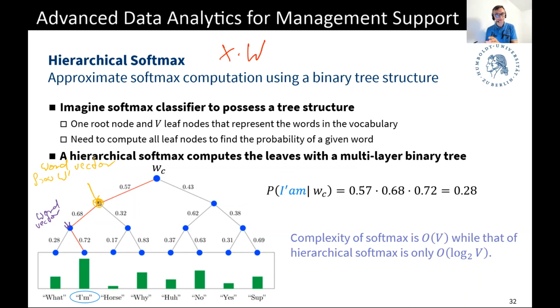As I said, we can do it in a somewhat smart way, but it doesn't matter too much. We know in training that we need to go left in order to eventually hit the vector of our context word that we are looking for. We calculate the dot product between the word vector of WC and the word vector of the node I have just highlighted in purple.